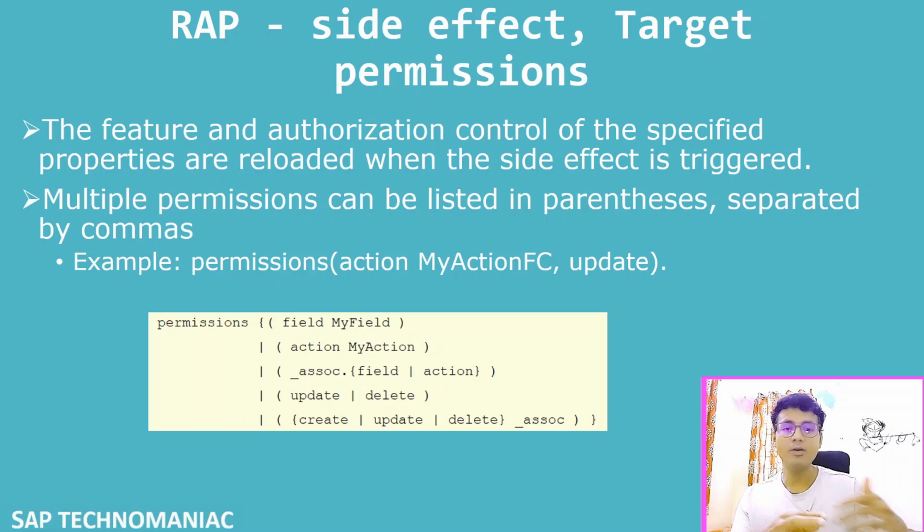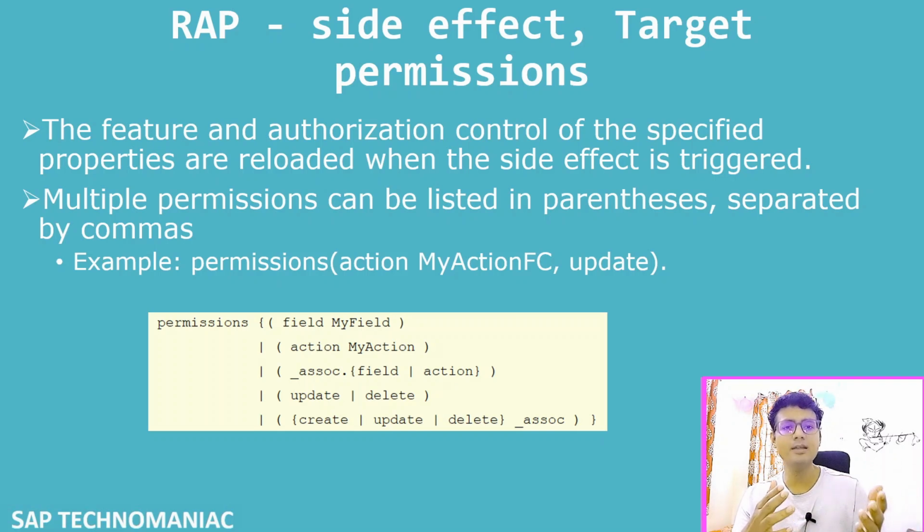We already have the data in the transactional buffer and database, but those operations are not currently reflecting in the front end. I want to reload those permissions again.